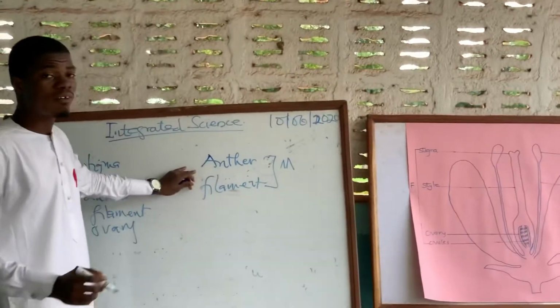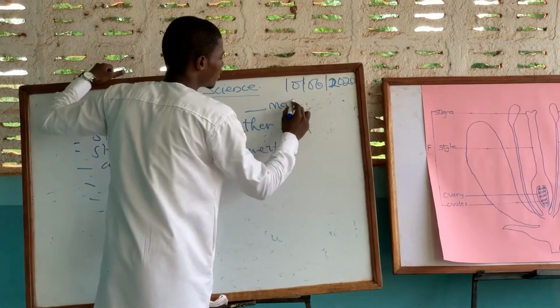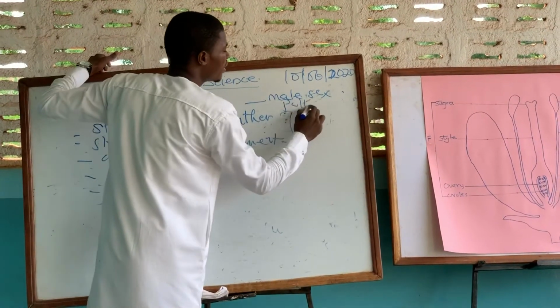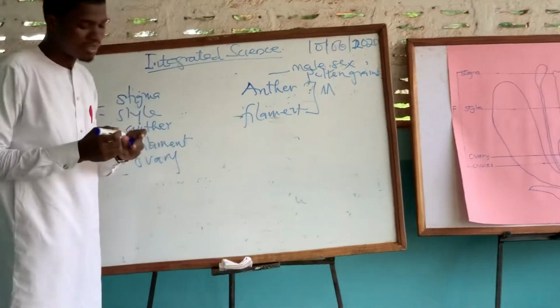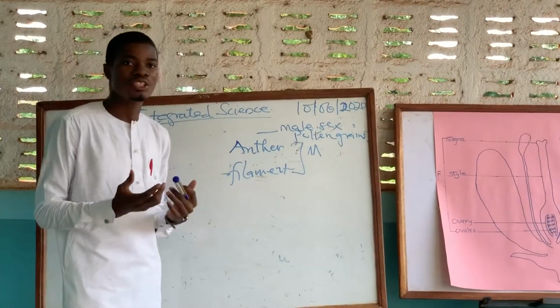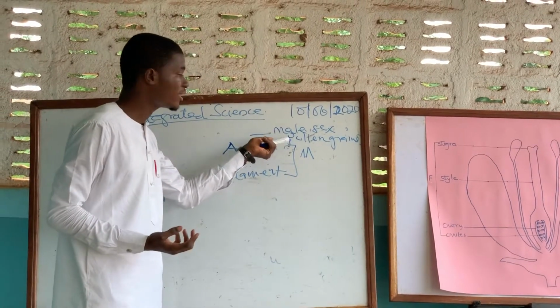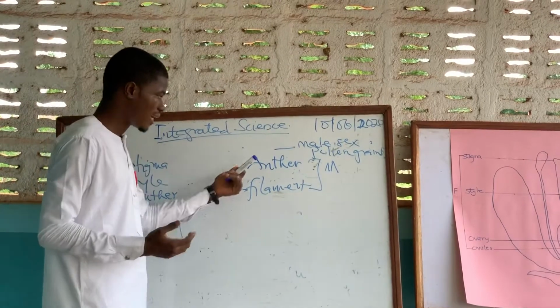The function of the anther is to produce the male sex cells, otherwise known as the pollen grains. And the function of the filament is to hold the anther in a firm position to carry this particular function of producing the pollen grains. So the filament provides support to the anther.